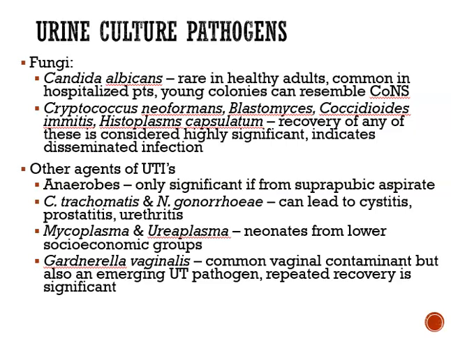And then Gardnerella vaginalis commonly reflects vaginal contamination, but in recent years it's been emerging as a urinary tract pathogen. So if you are seeing repeated cultures from a patient where you've recovered this organism, and again, as the primary isolate, so the only organism growing, then that should be considered significant.